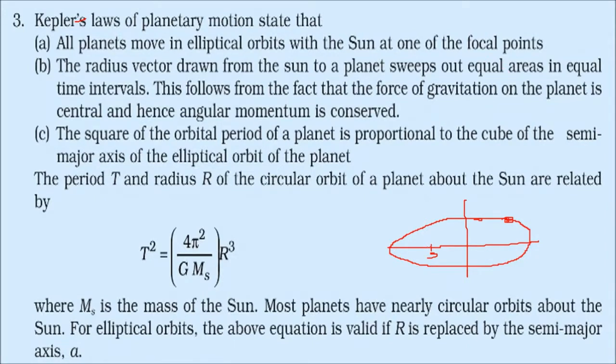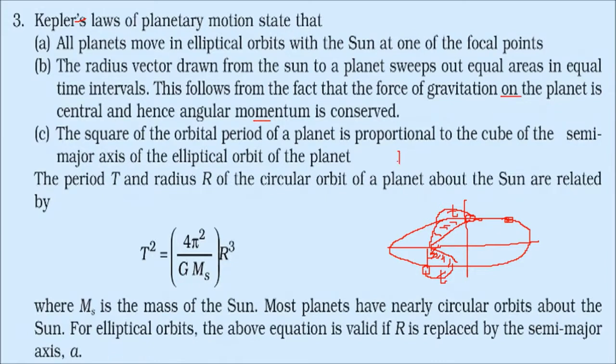That means if the planet moves from this point to this point in time t, and from this point to this point in time t, this area will be equal to this area. This follows from the fact that the force of gravitation on the planet is central. That is why the angular momentum is conserved.